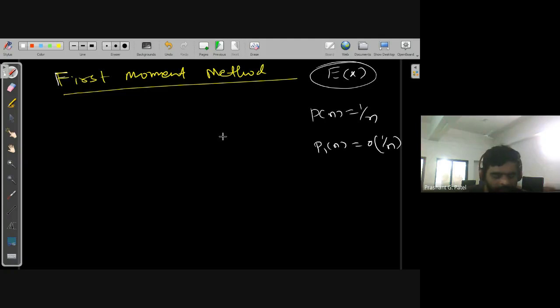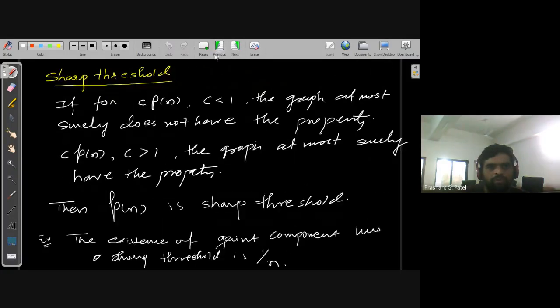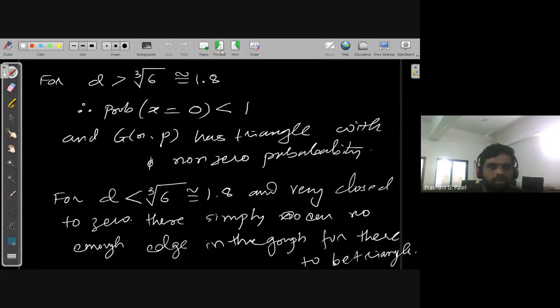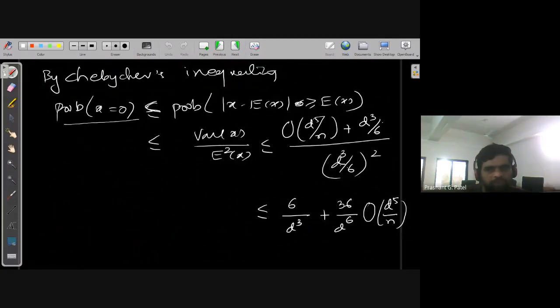However, if I take p2, if it satisfies p2(n) upon 1 by n, that we have discussed in the definition of threshold: p1(n) upon p(n) goes to 0, and p2(n) upon p(n) is infinity. We also discussed in the previous lecture the probability of X equal to 0, which is less than a bound we obtained using the Chebyshev inequality.